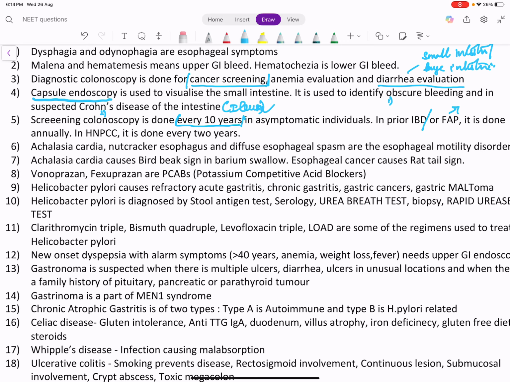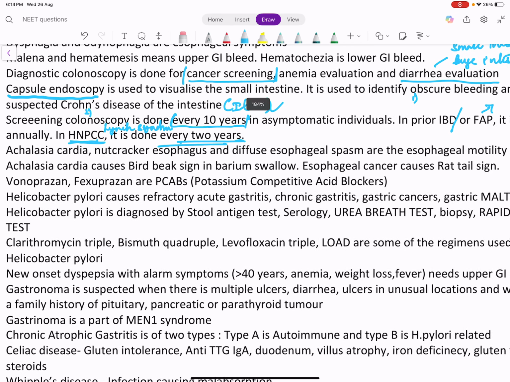For FAP, it should begin at a particular age. There is another familial colonic cancer syndrome, that is HNPCC, hereditary non-polyposis colon cancer, also called as Lynch syndrome. Here, the colonoscopy is done every 2 years after 15 years of age.